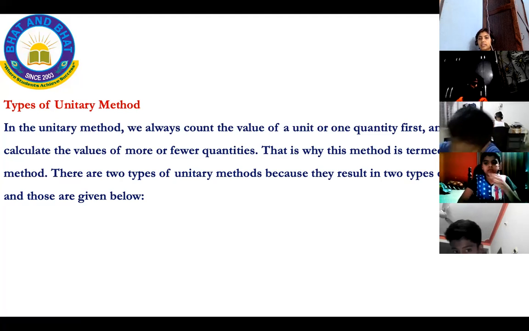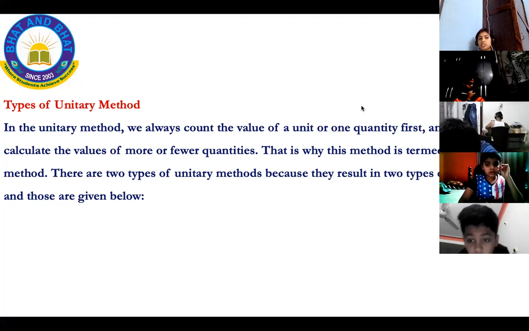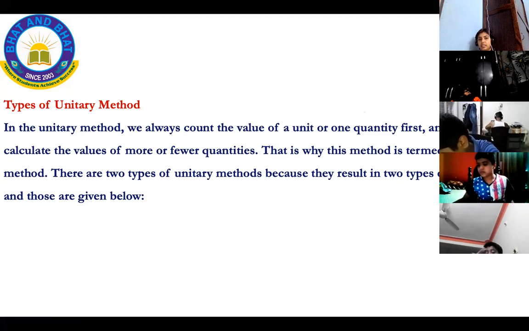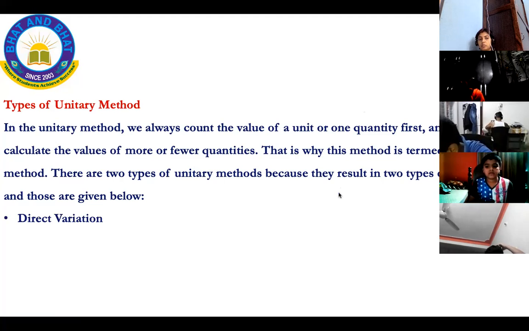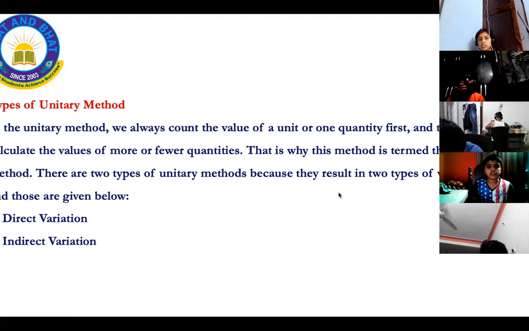This is why this method is termed the unitary method. There are two types of unitary methods because they result in two types of variations. One is direct variation. Next is indirect variation.